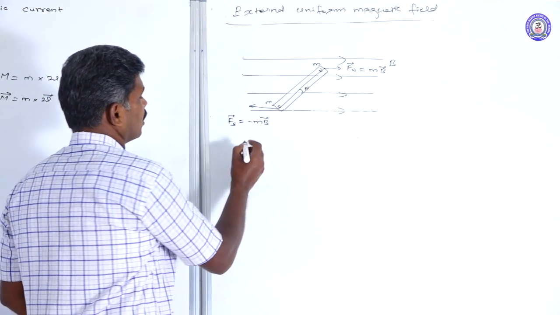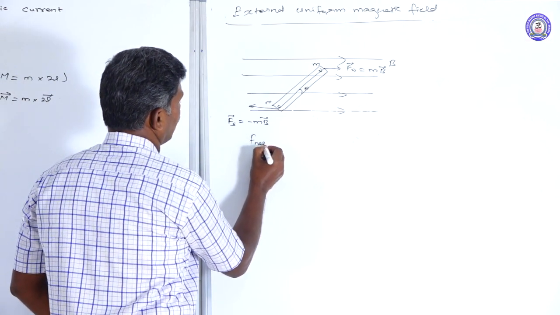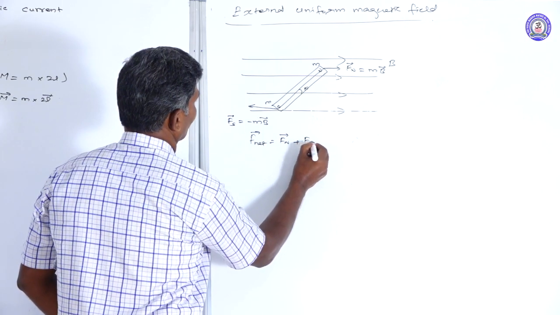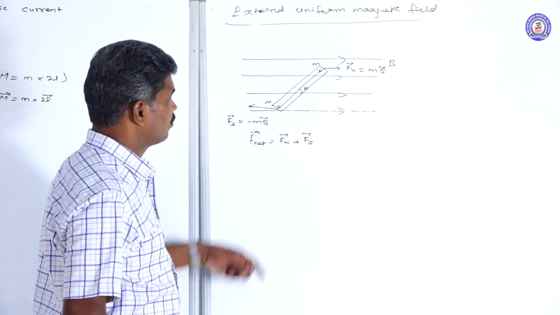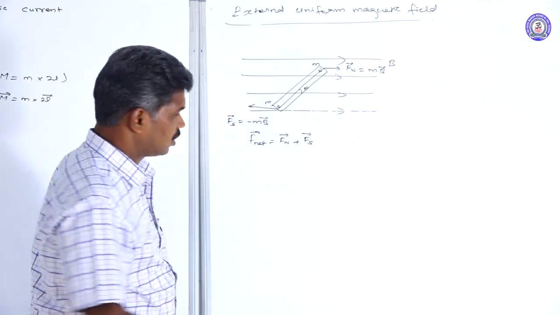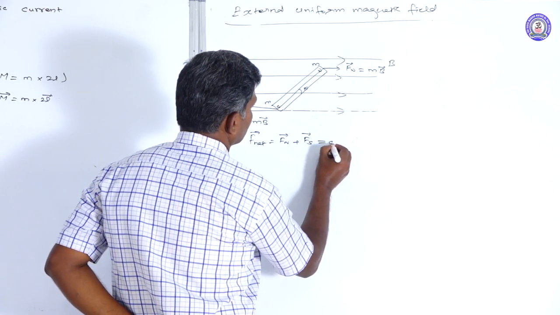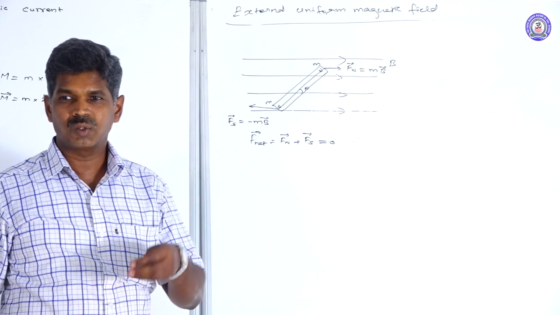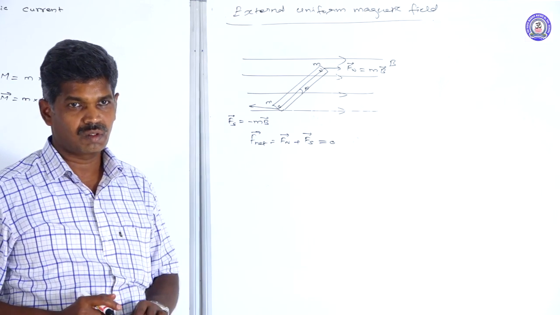That's why the net force F equals F n vector plus F s vector. We know that both values are equal and opposite. That's why the net force on the bar magnet placed in a uniform magnetic field is 0.